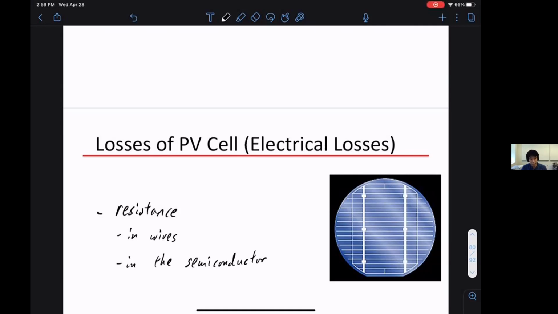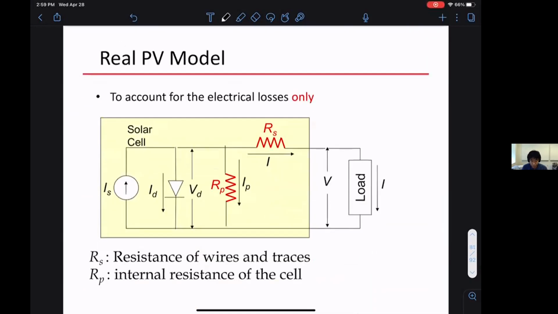That's converting to heat. So if you look at the real model for PV, there are two sources of resistance we can add. One is in series with the solar cell, and this is really just the resistance of wires. It models the fact that a wire is not a perfect conductor, so I add RS to it.